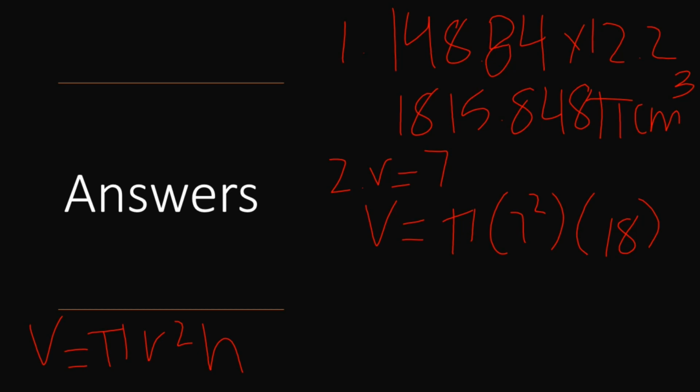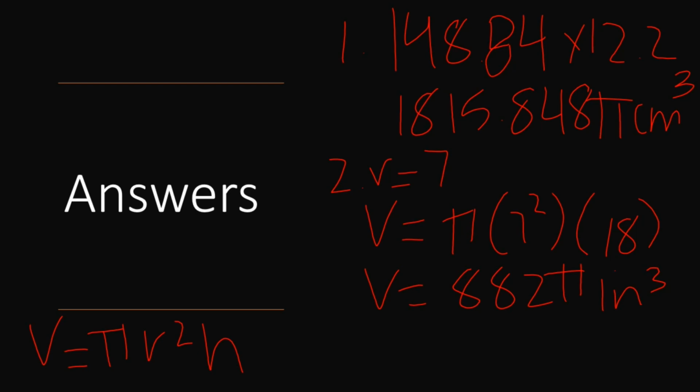So if you do 49 times 18, you get 882, so the volume is 882 pi inches cubed. Remember, same thing, pi, 3.14, or calculator.